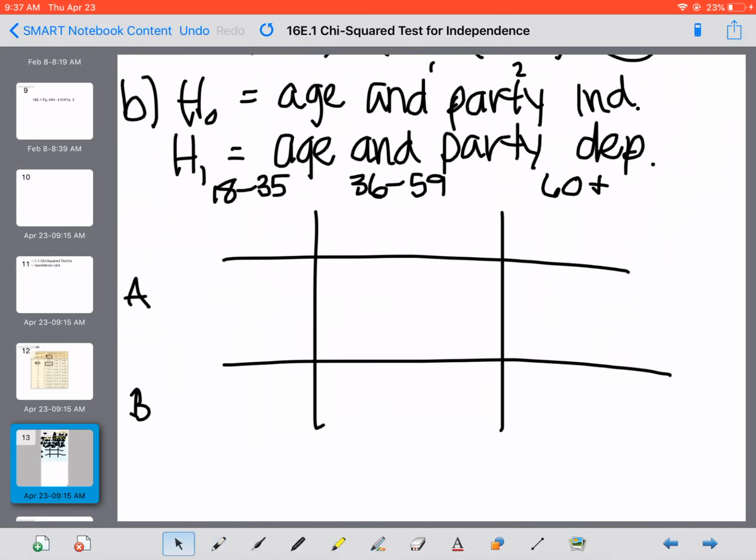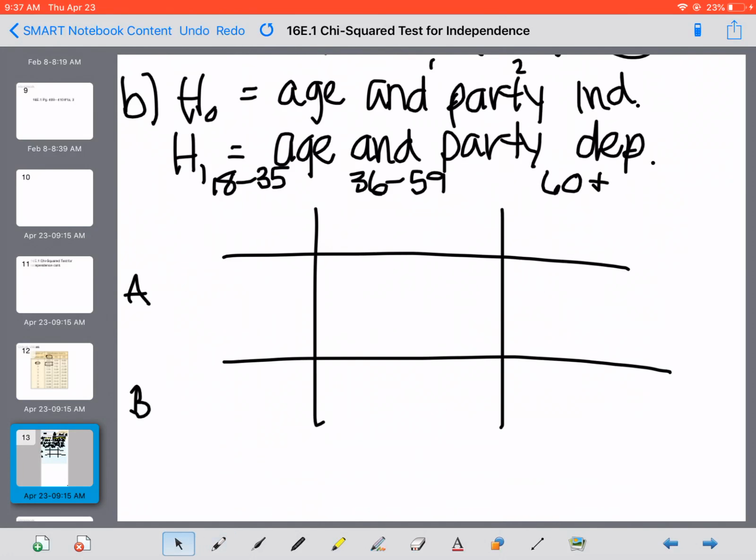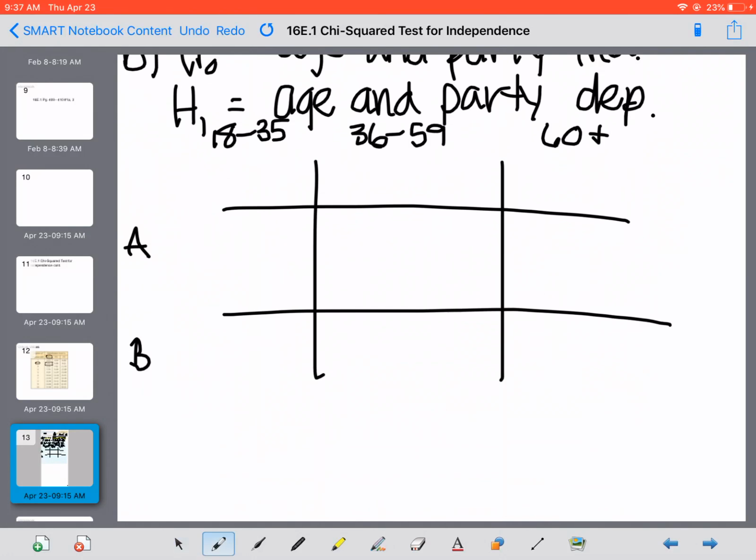So we take 311 times 253 divided by 849, and we get 92.68.